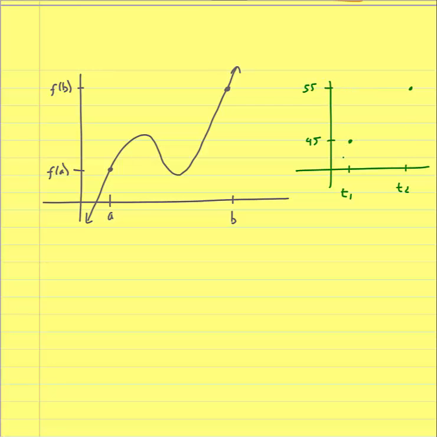Now in between these, maybe I accelerated, decelerated, but every single possible speed between 45 and 55 had to have been achieved between time 1 and time 2 in order for me to get from 45 to 55. There were no jumps. There was no miracle skip from 45 to 50 all of a sudden. I had to hit every single possible value between those.